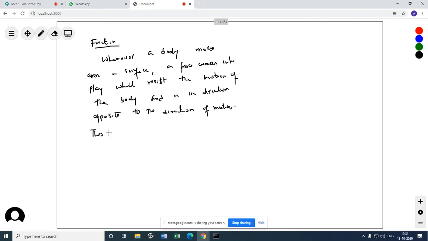This force is called the force of friction.